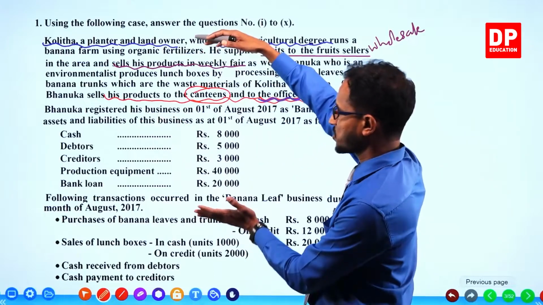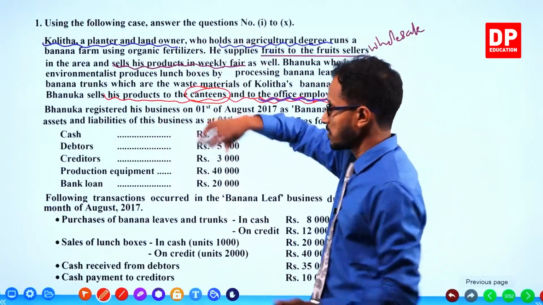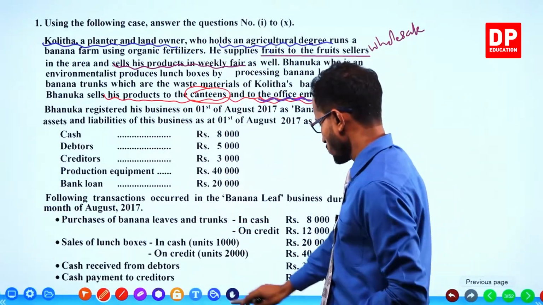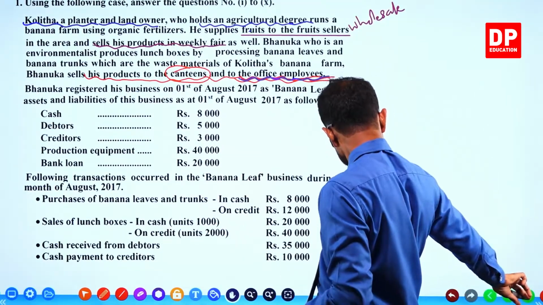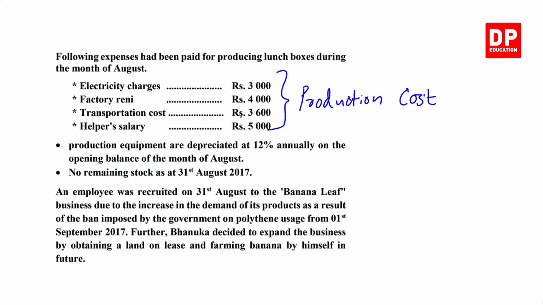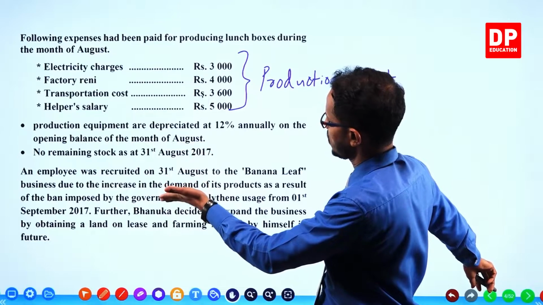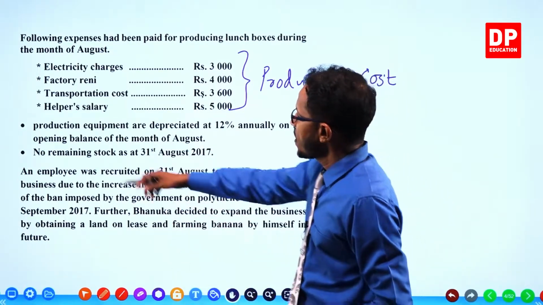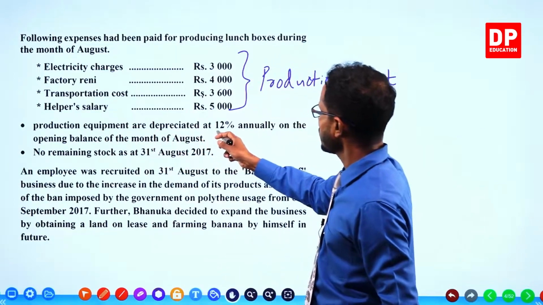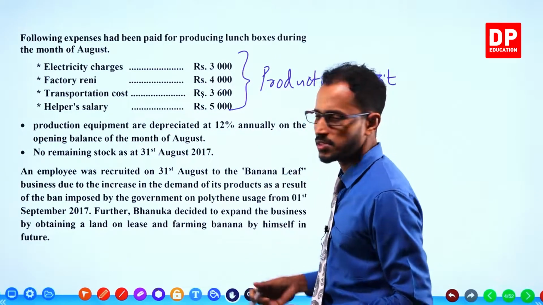This is the basic introduction. You don't get any more information than this. So let's check the below part. We have here some more information. See, production equipment are depreciated 12%. That is depreciation of equipments.